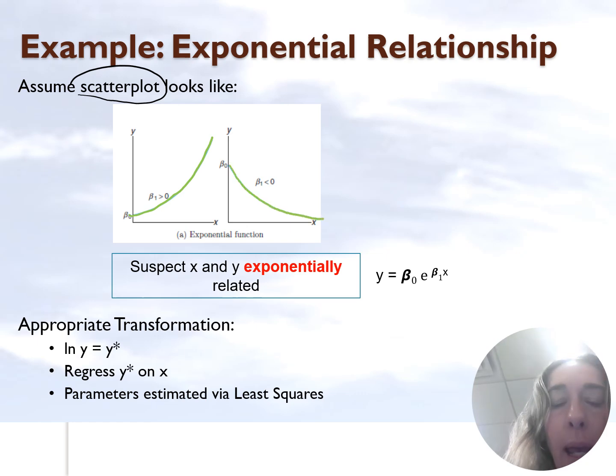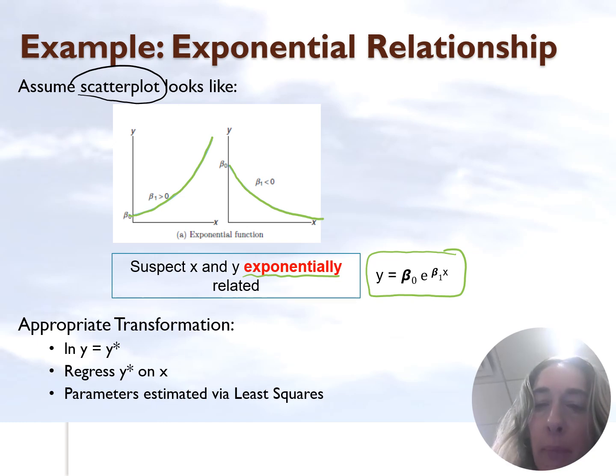And you suspect based on that that X and Y are perhaps not linearly related, but exponentially related, in which case the functional form between X and Y looks like the following: Y equals beta naught times e to the beta 1 X. If X and Y are exponentially related, then the appropriate transformation in this case is to take the natural log of Y, which again we call Y star.